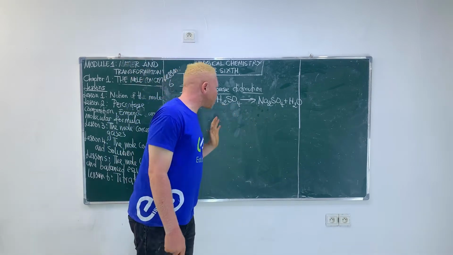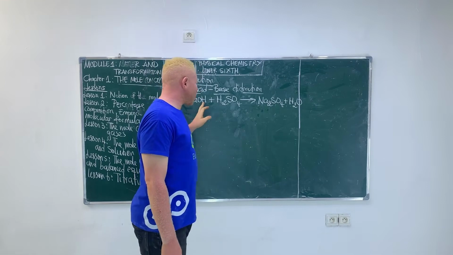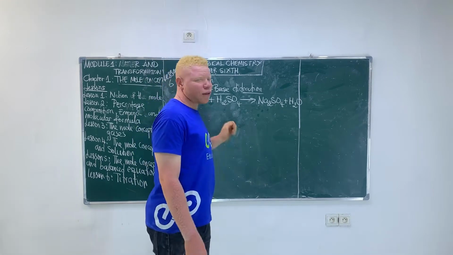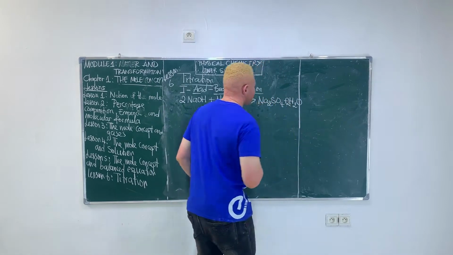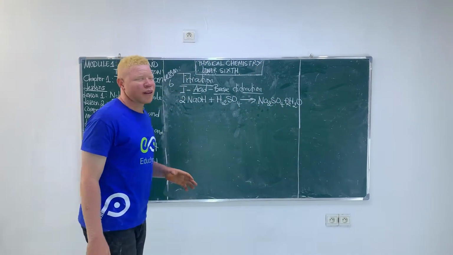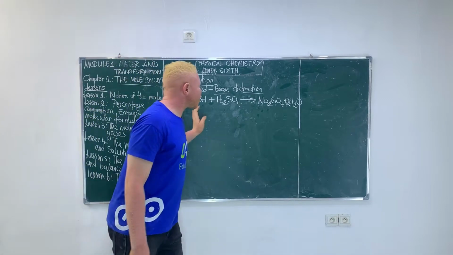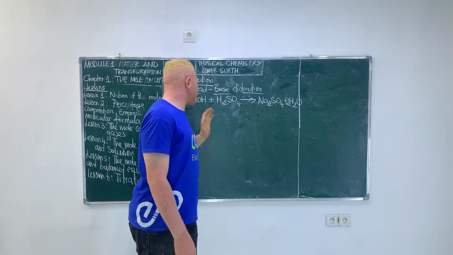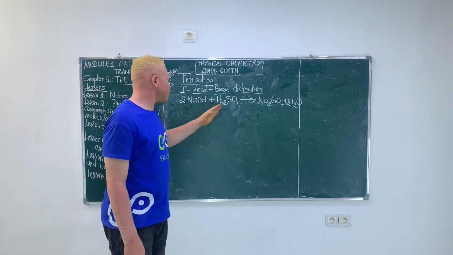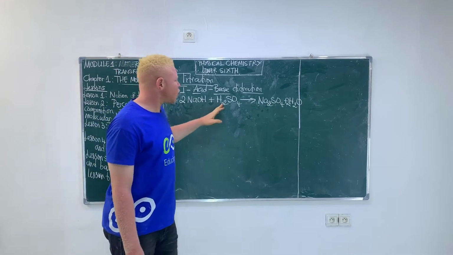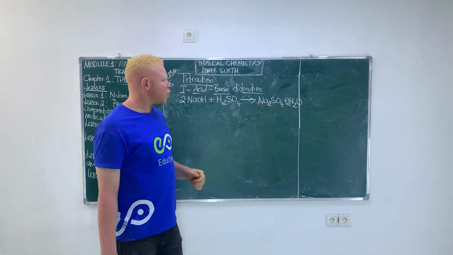Hydrogen: 2 times H2 is 4H, and on the other side, 2 times 2 is 4H.